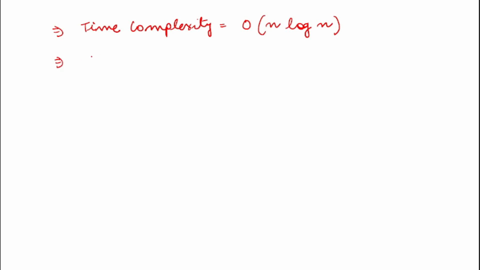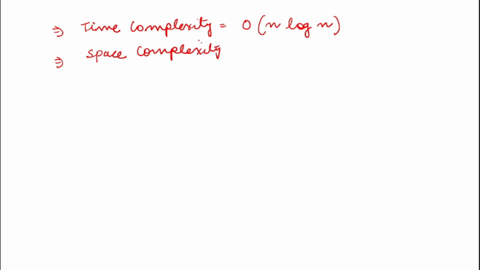Now let's see about the time complexity. Sometimes the question is asked like, what is the time complexity for this? So the time complexity is definitely order of n log n. So this is the time complexity for Huffman coding. And if the space complexity is asked, what is the space complexity for the same?